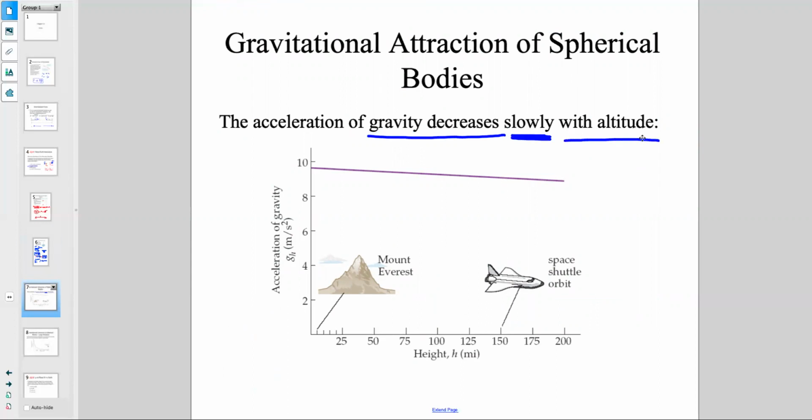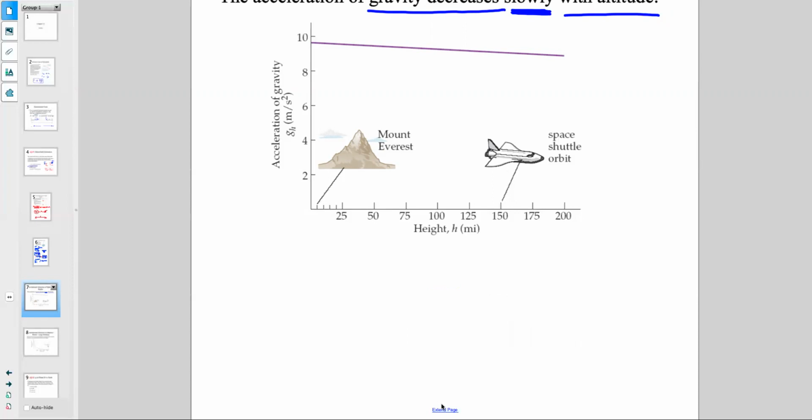So if you're far away from the average surface of the Earth, let's say that you're in the space shuttle or the International Space Station, you are higher than the average surface, so your R is greater than the radius of the Earth.